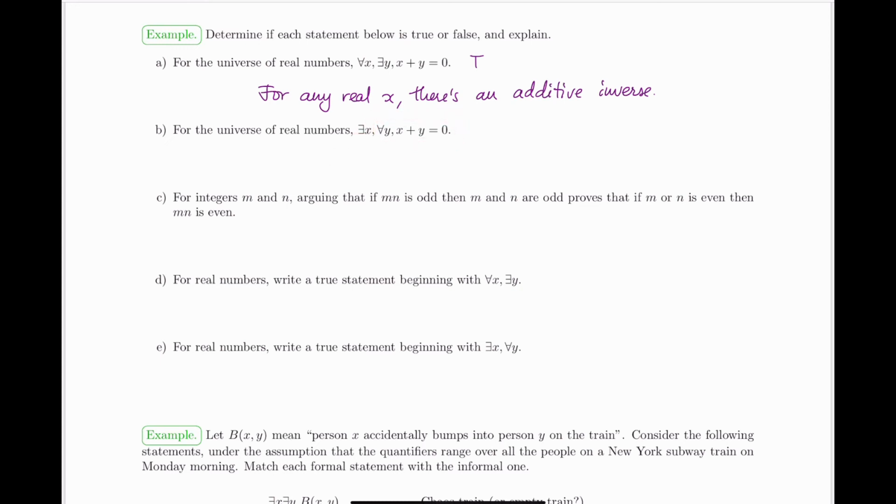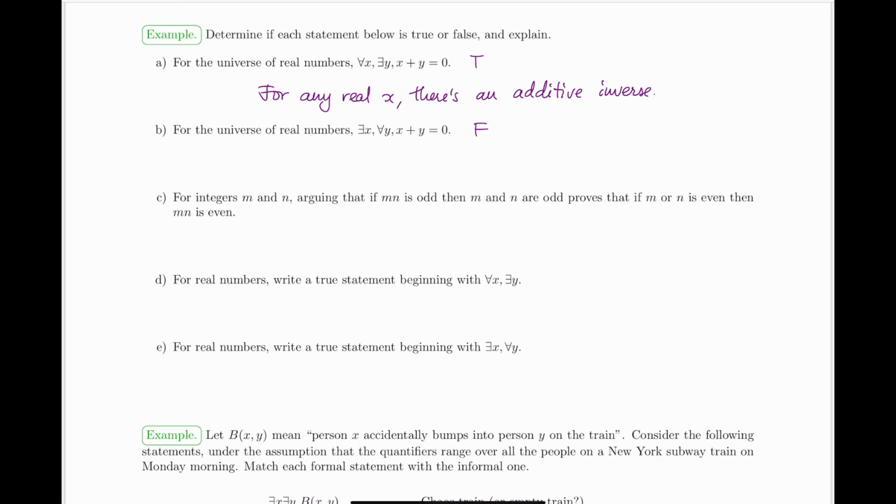The exact same x has to work no matter what y you choose to plug in. And that, of course, is not the case. There is no way I can find a number so that in the sum with any other number, it produces a 0. Okay, you can feel free to write out the sentence by yourself.